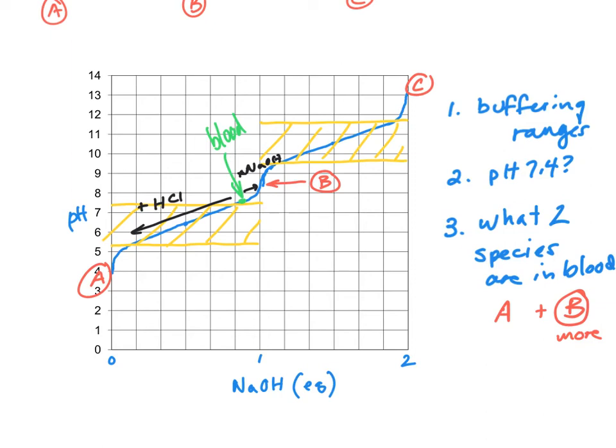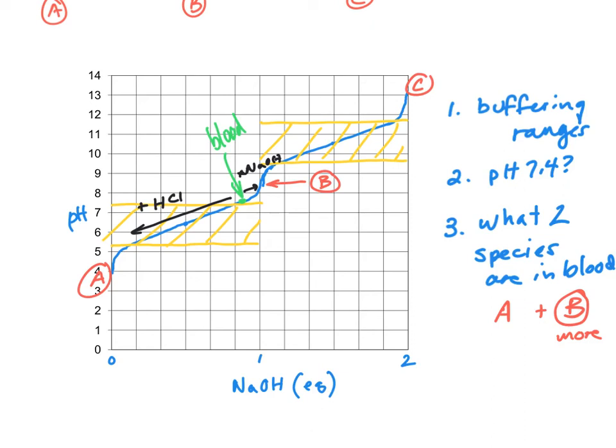So this actually has better buffering capacity for protons, acids. And actually that's one of the reasons why this is so good, even though it's right up there, just almost outside the range of the buffering range. We have a bigger problem in our body with too many protons. And this is really good at buffering protons because there's a lot of flat area out there.